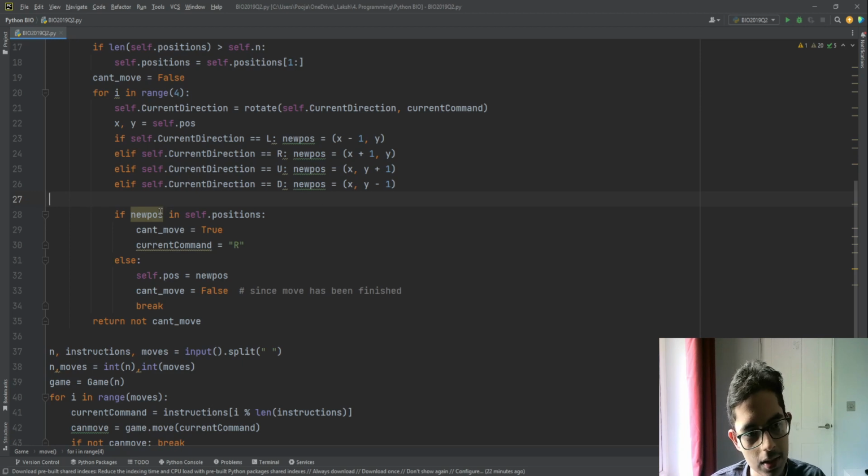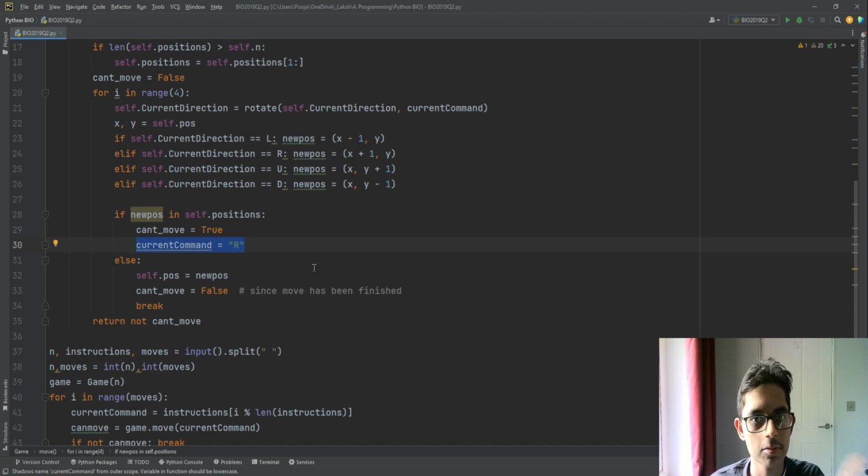And then if the new position is in the current positions, then we set cant_move to true, since we can't make this move since it's not a valid move. So then our current command becomes right, and since that's what the question asks us to do, if we find a position which we've already been through, then we rotate right, i.e. we rotate 90 degrees clockwise until we find a position which we haven't already been through.